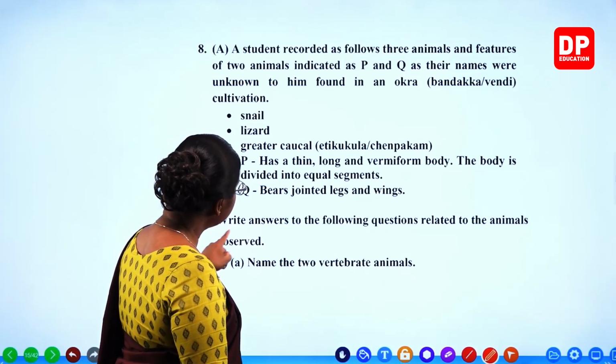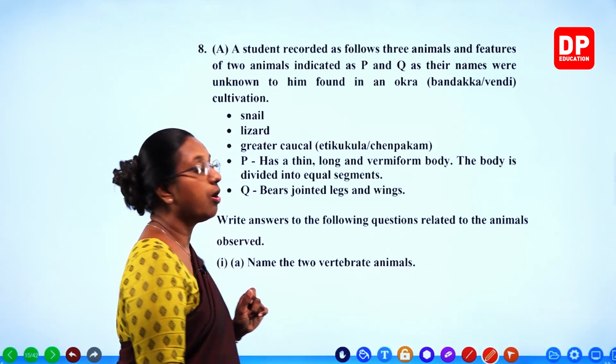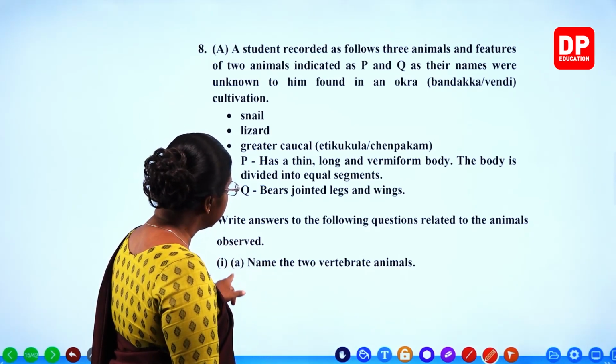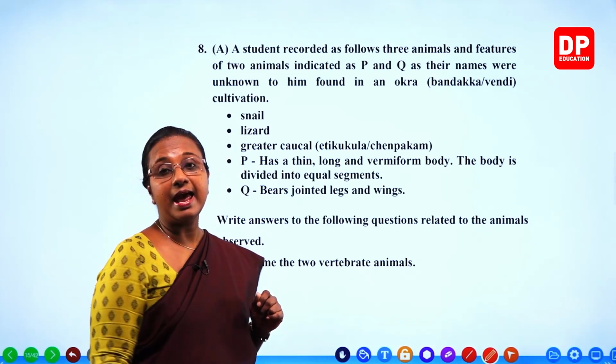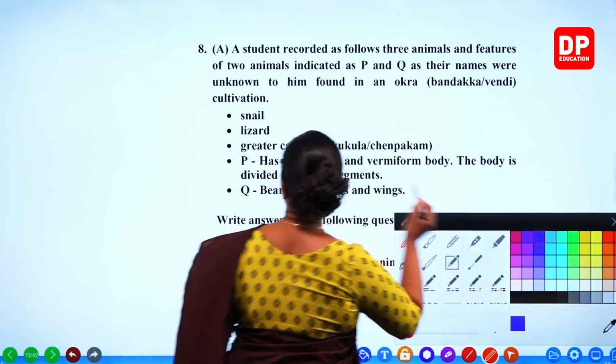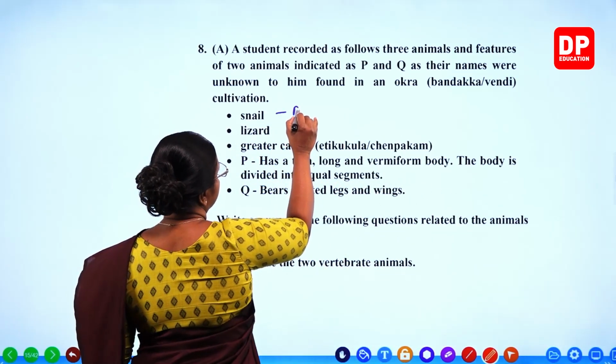Then write answers to the following questions related to the animals observed. So the first question, A part, name the 2 vertebrate animals. Now to identify the vertebrate animals, you all know students, snail, what is it? It is a mollusk.